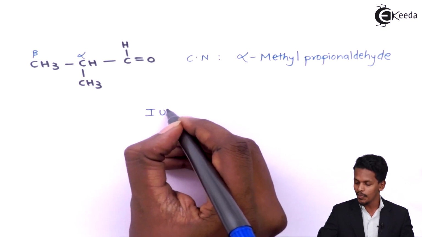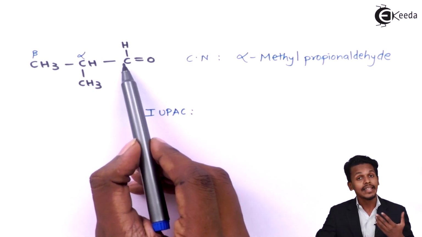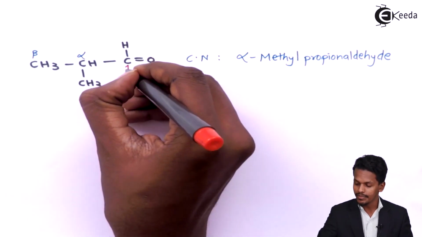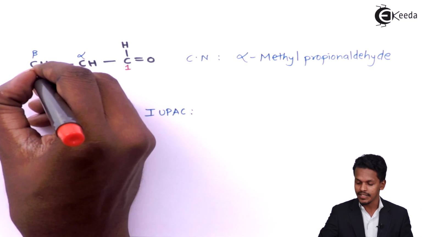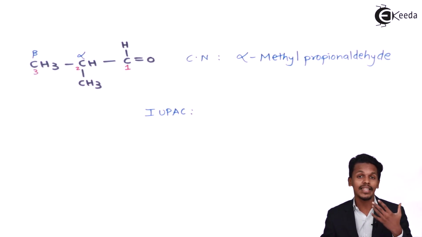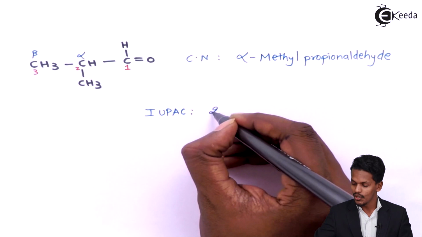So the IUPAC name of this structure can be given as we have discussed: the carbonyl group of the aldehyde should be assigned as carbon number 1. So if this is carbon number 1, this is carbon number 2, and this is carbon number 3. In this case, we can observe that at carbon number 2 the methyl group has been attached to it. So that's the reason we write the IUPAC name as 2-methyl.